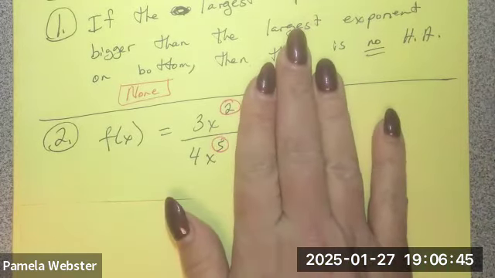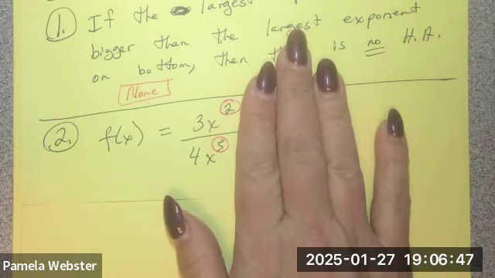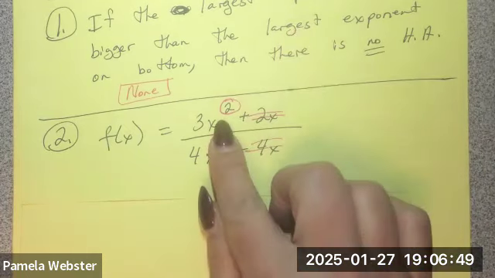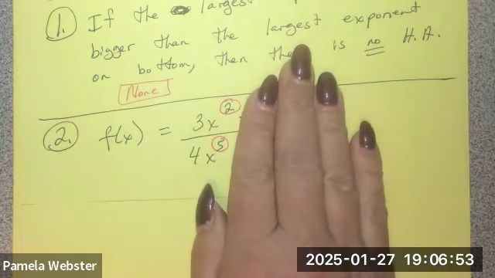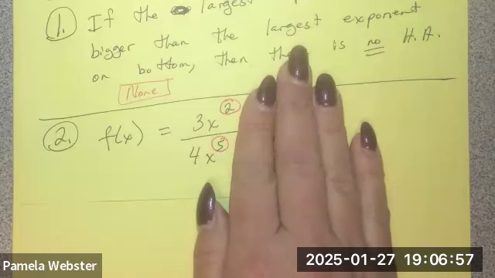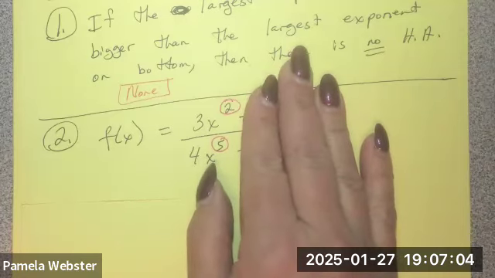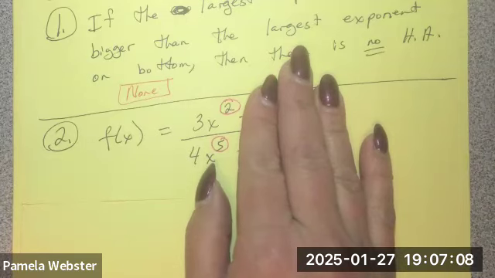The pieces of this function that are winning the tug of war, on top, it's this first guy, and on bottom, it's this first guy. So it's the x squared versus the x fifth. Which of those is stronger? The guy on bottom is stronger, right? Because it's x to the fifth instead of x squared. Okay, he's got more power on that tug of war. So he's going to win. Okay, that's what's happening here.